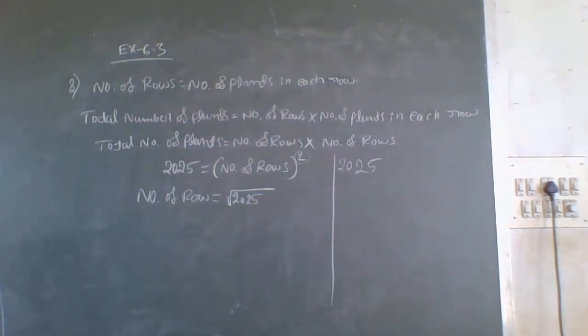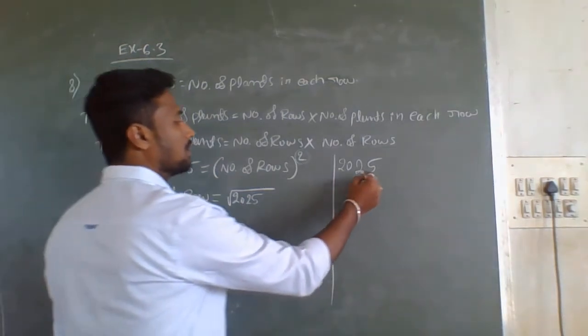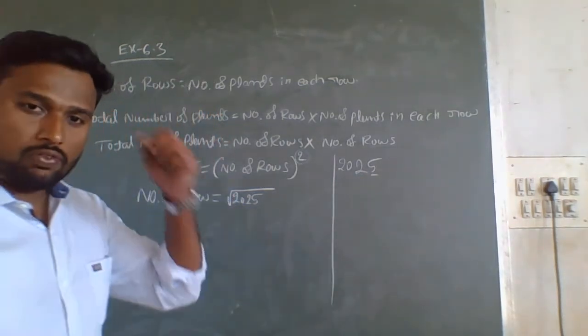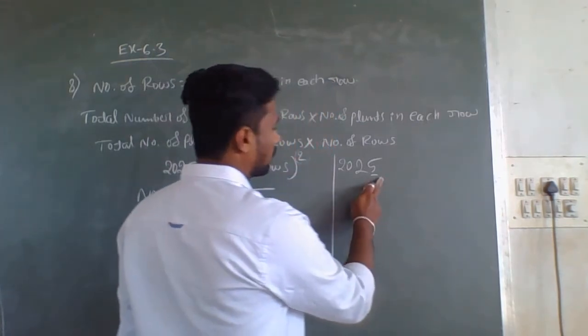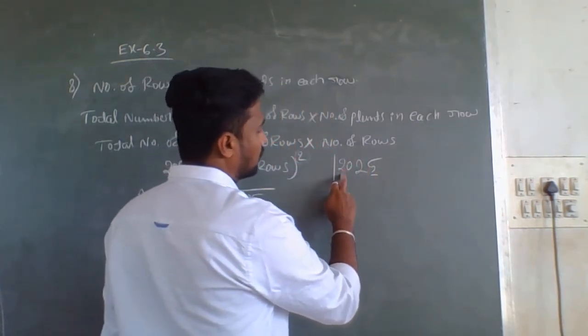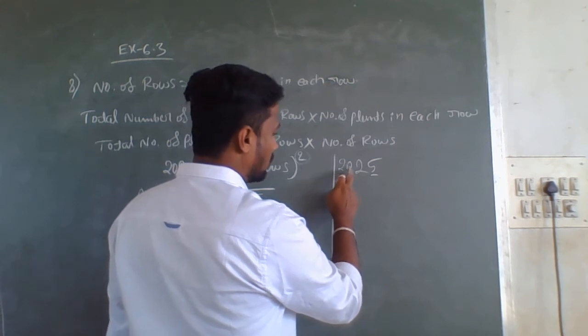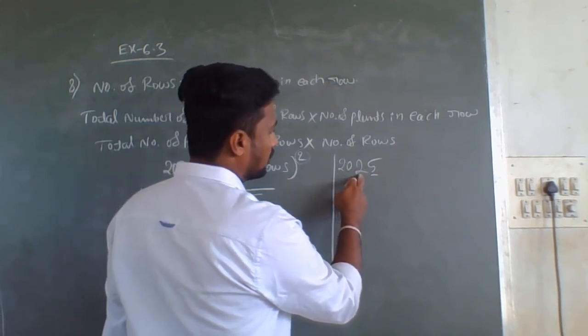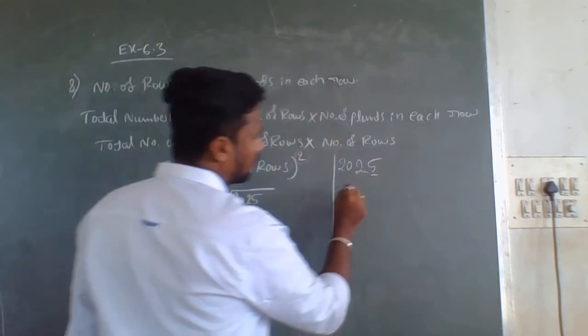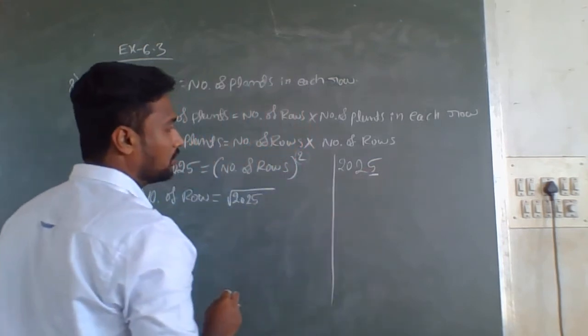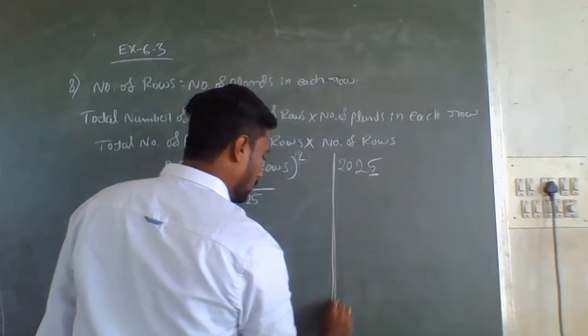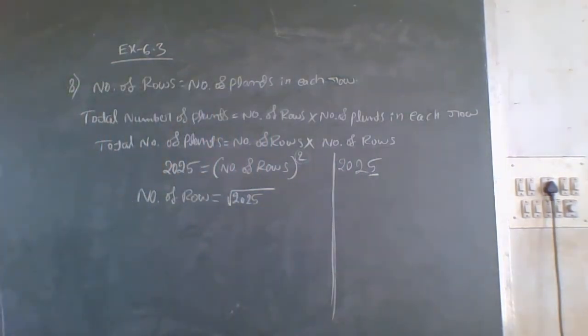Now you can see the last digit is 5, so it will not come in table 2, and you can check table 3 also: 2 plus 0 is 2, 2 plus 2 is 4, 4 plus 5 is 9. Since the last digit is 5, it comes in table 5.